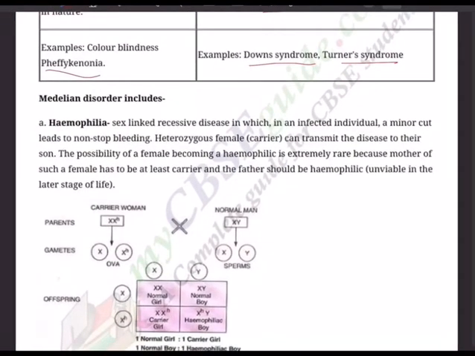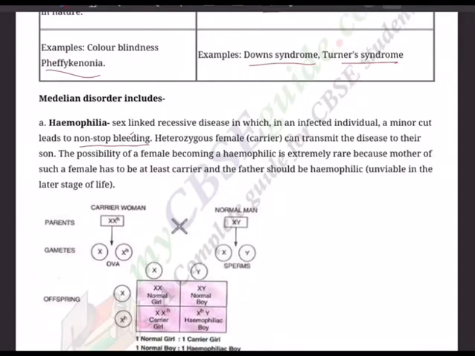Hemophilia is a sex linked, particularly X linked recessive disease, in which an affected individual having even a minor cut suffers non-stop bleeding. By mistake, if there is any cut, there will be continuous bleeding. The person may die due to uncontrollable bleeding.